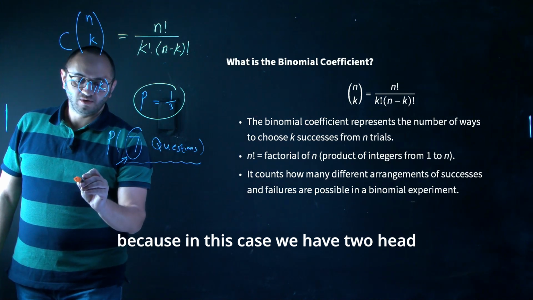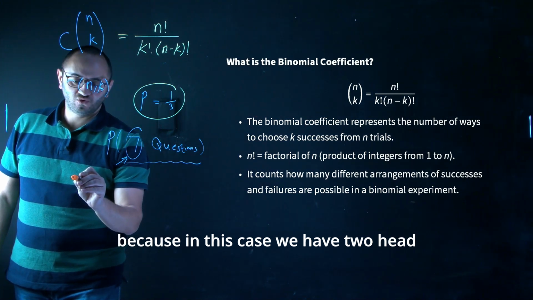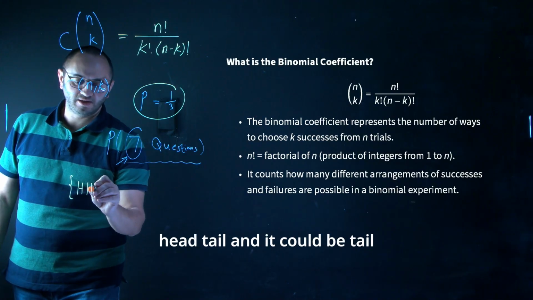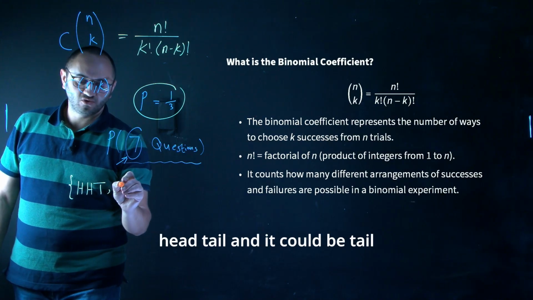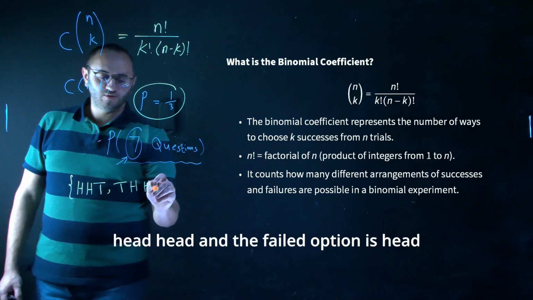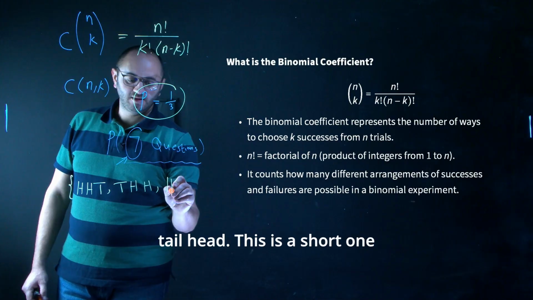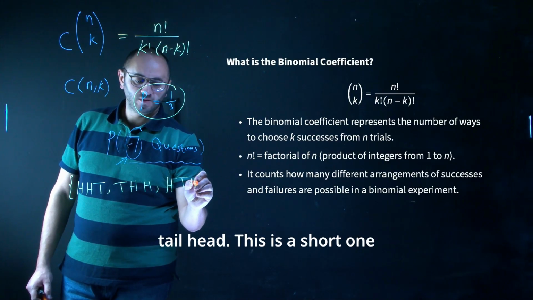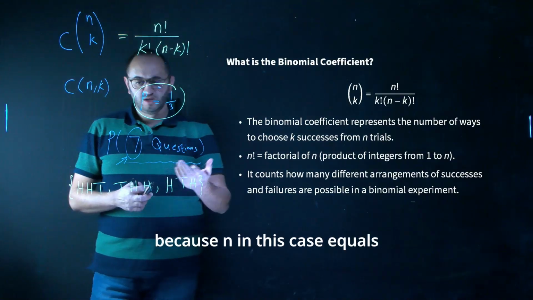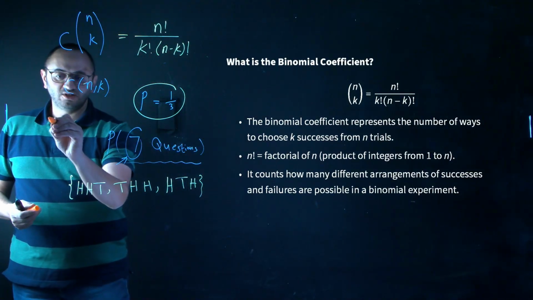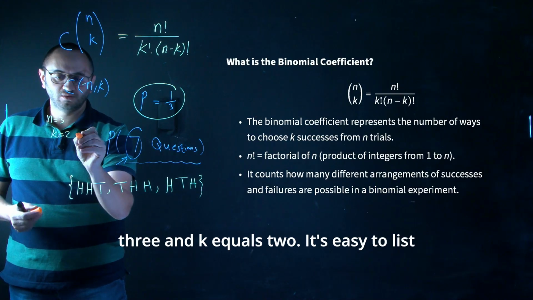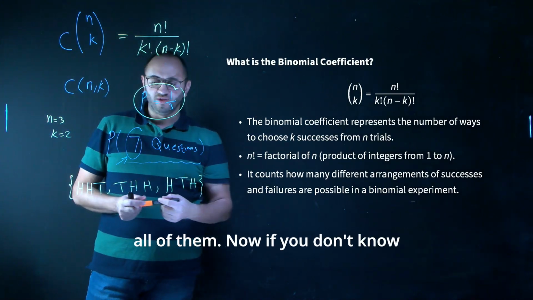Because 2 heads means head, head, tail, and it could be tail, head, head, and the third option is head, tail, head. This is a short one because n in this case equals 3 and k equals 2. It's easy to list all of them.